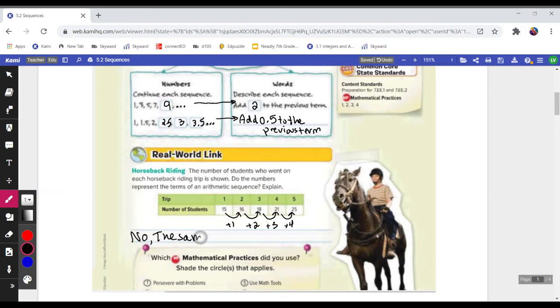The same number is not added to the previous term.